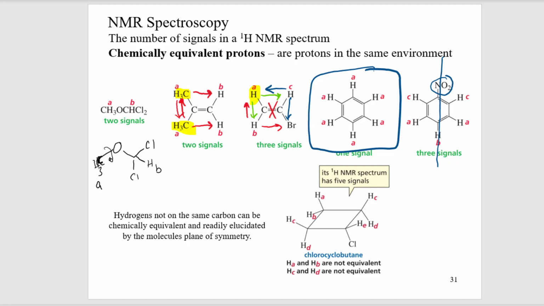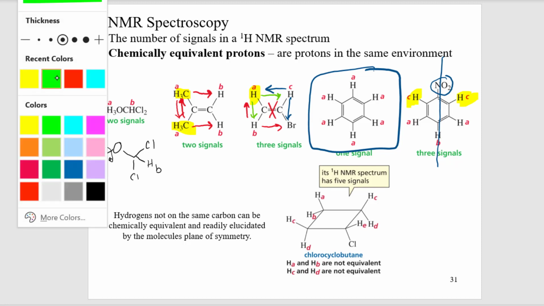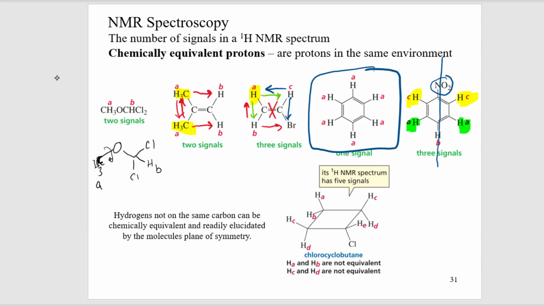The hydrogens that are two away from the NO2 are in the same environment. And then there's one completely on the opposite end of the NO2 that will be its own environment. So it completely depends on the substitution pattern for symmetry.